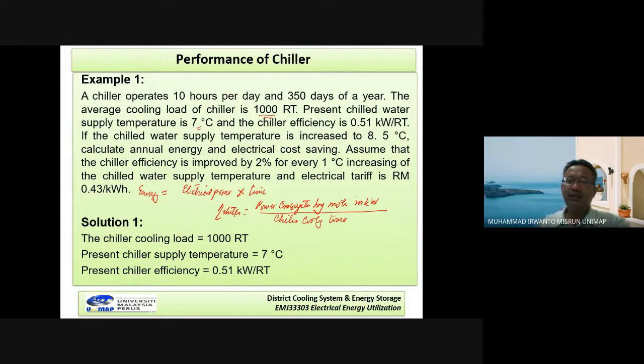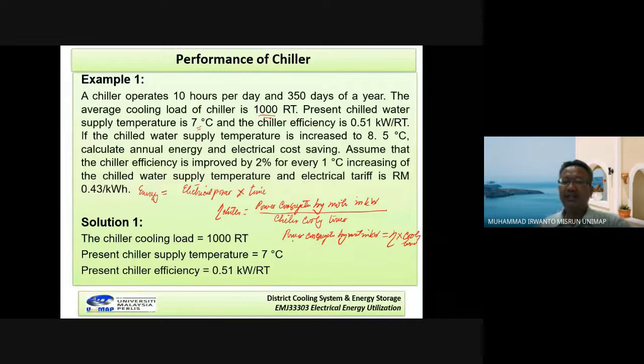So from here we can understand that power consumption by the chiller motor in kilowatt is equal to efficiency multiplied by cooling load.